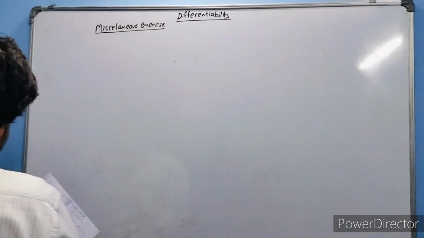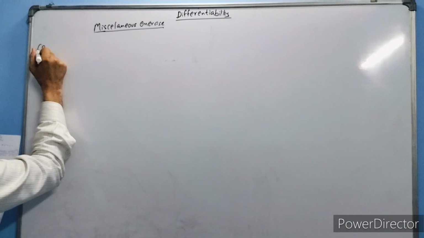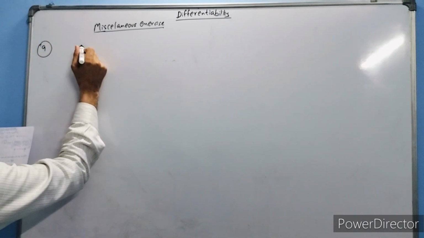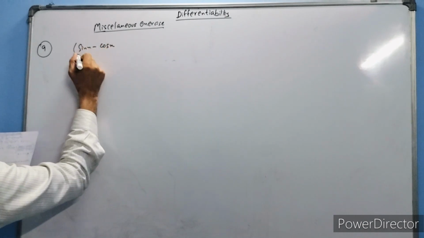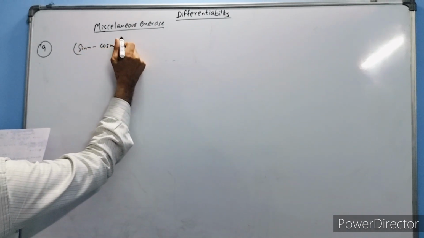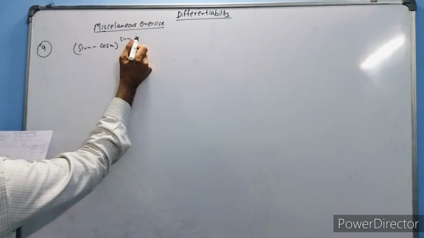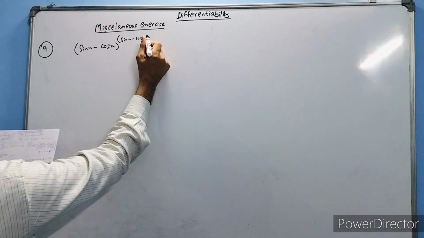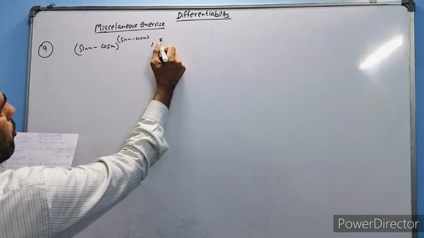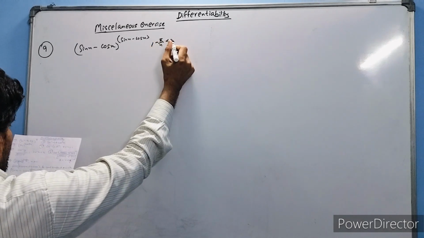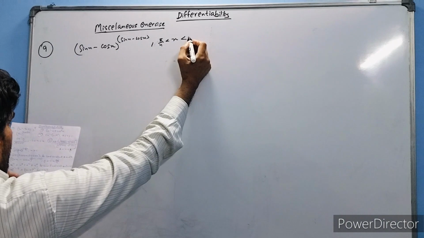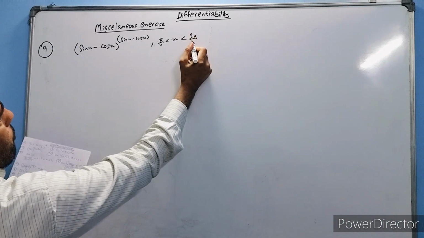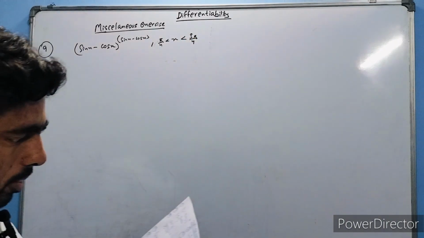They have given (sin x minus cos x) to the power (sin x minus cos x). They have also given that x lies between pi by 4 and 3 pi by 4.